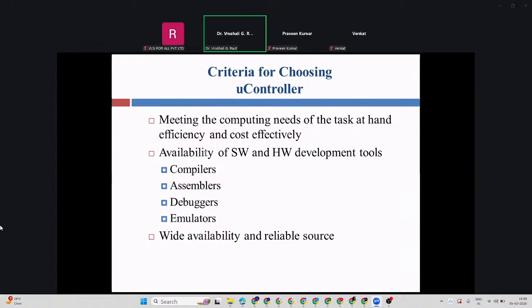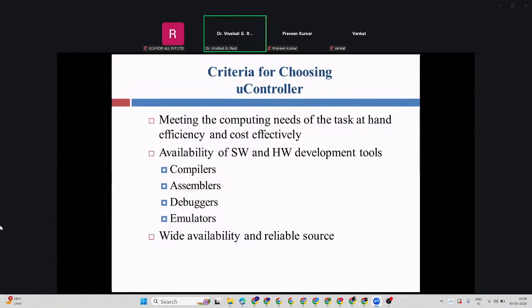Then, availability of software and hardware development tools. In many cases, as with VLSI, those front end and back end development tools are not freely available, and that's why it is hard to access them to learn the things.